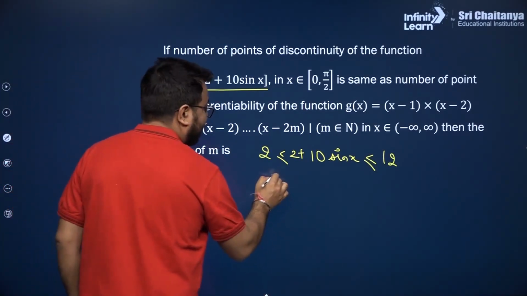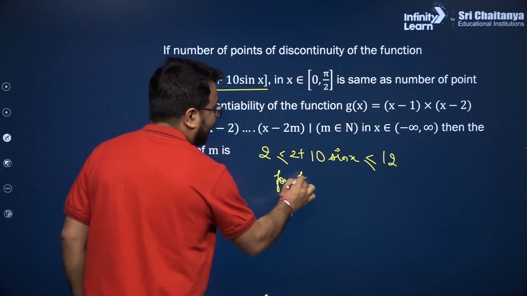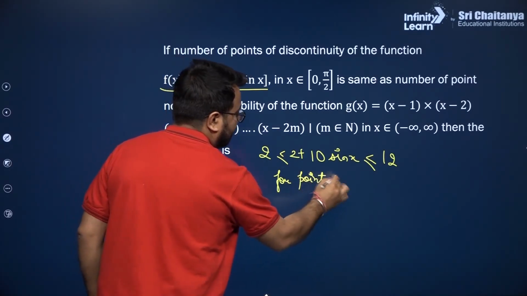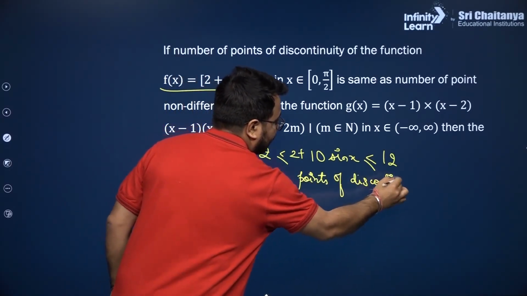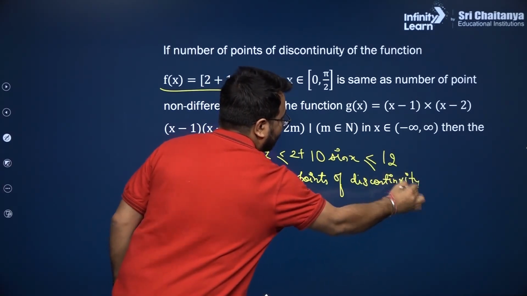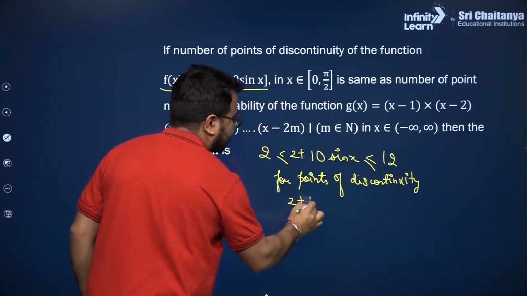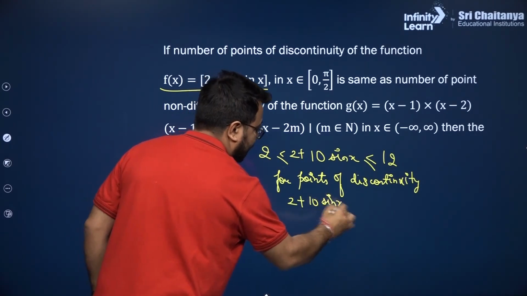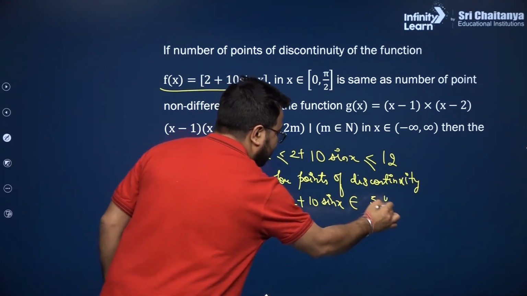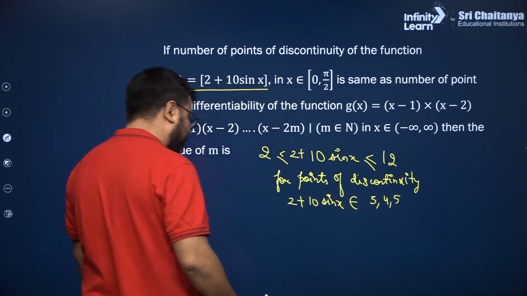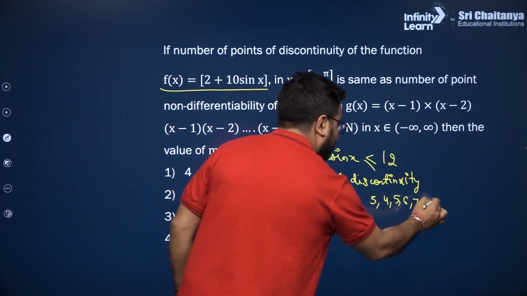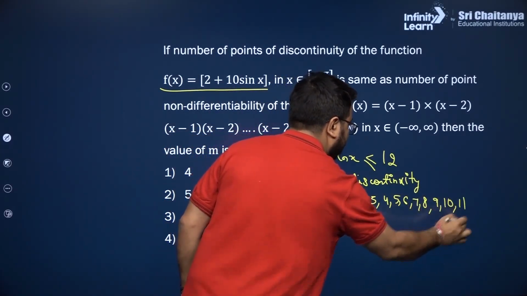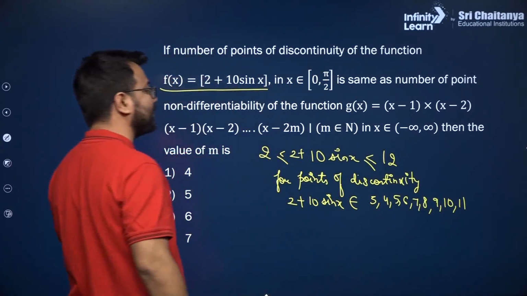So for points of discontinuity, 2 plus 10 sin x will belong to the set of numbers 3, 4, 5, 6, 7, 8, 9, 10, 11.